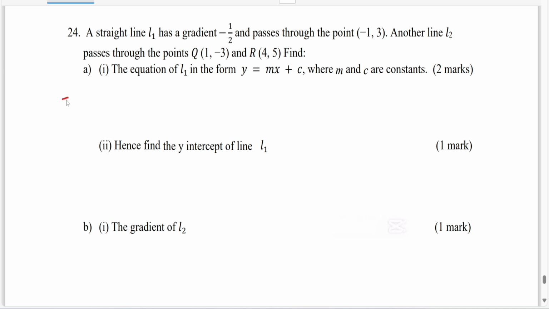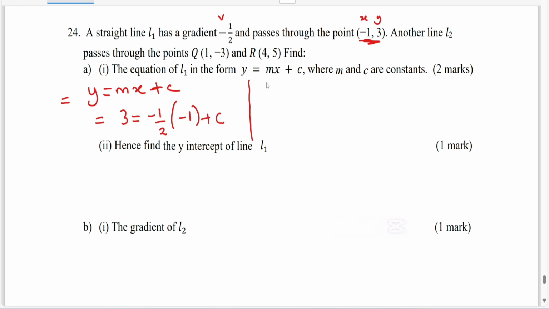So the equation is in the form y equal to mx plus c. Now you know your y, you know your m, you know your x, but you don't know your c. So we substitute the point into x and y. So y is 3 equal to m, which is -1/2, times your x, which is -1, plus c. So it gives us 3 equal to +1/2 plus c.